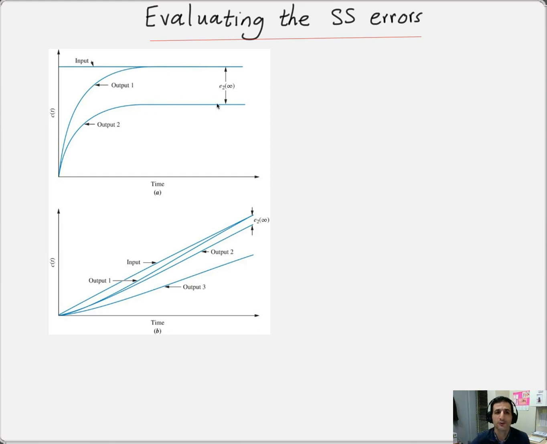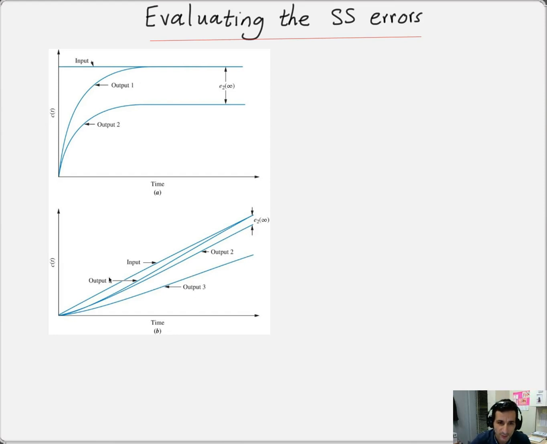For output 2, you see that it's going to get to steady state, but there is going to be a steady state error between output 2 and the desired input. Now if you consider a ramp function, for this illustrated example, I have considered three different outputs, output 1, 2, and 3.